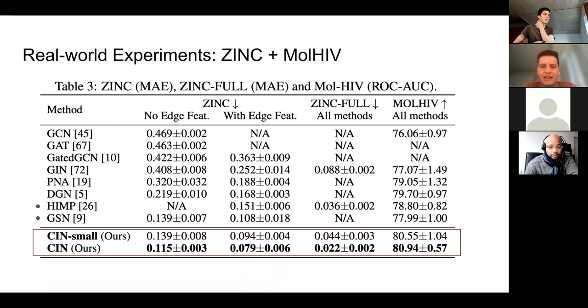But if you look at SIN small against GSN with edge features, you get more than 14 extra points there. And that's only because of the edge features. This SIN small model is also about 5 times smaller than the GSN here. GSN has 500K parameters, SIN small is about 100K. So it seems like it's making better use of the features just because it's processing them.